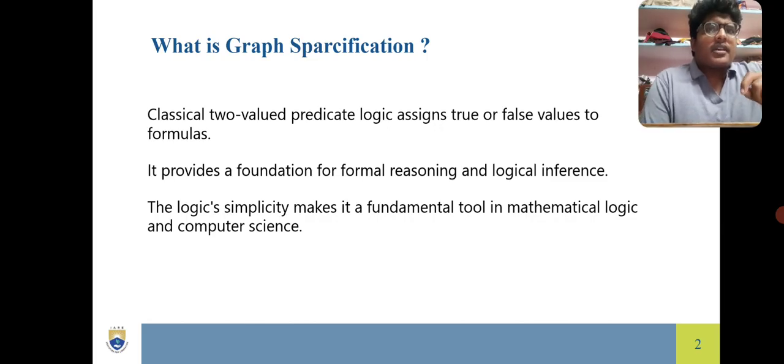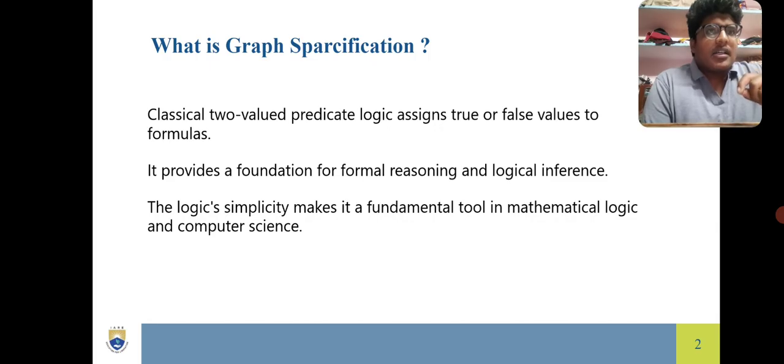The need for it is that large uncertain graphs are hard to analyze, so we sparsify those graphs. And it is a very big challenge to remove edges while still keeping the probabilistic structure intact.